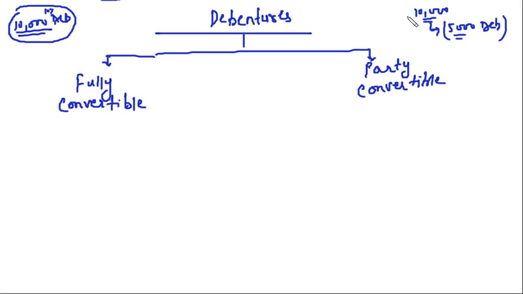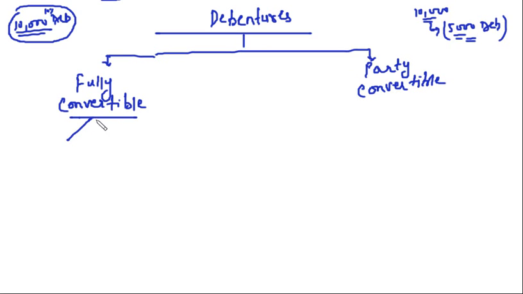So the remaining 5,000 will remain non-convertible debentures, and this 5,000 will become the convertible debentures. These are known as partly convertible debentures. So in conversion, we have to study two types of debentures: one is fully convertible and one is partly convertible. Clear?